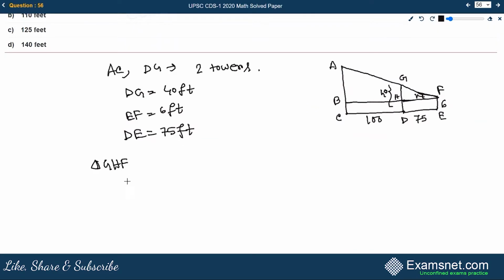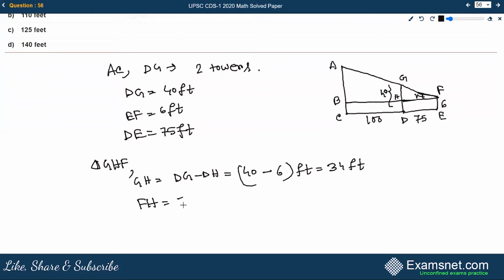GH is DG minus DH, where DG is 40 feet and DH equals EF, that is 6 feet. So the value of GH is 34 feet. And FH equals DE, that is also 75 feet.